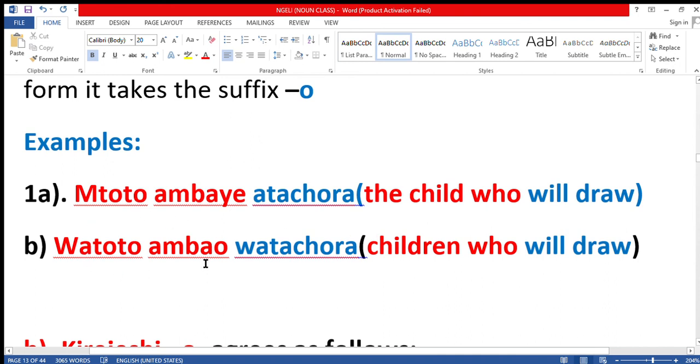In plural form, as we saw, o, it takes o here. Watoto ambao watachora. Children who will draw. Sawa? We can say mwalimu ambaye ataandika.